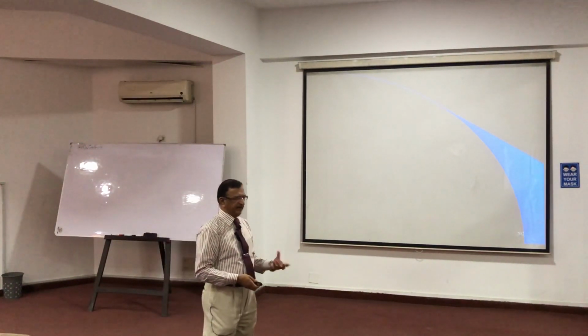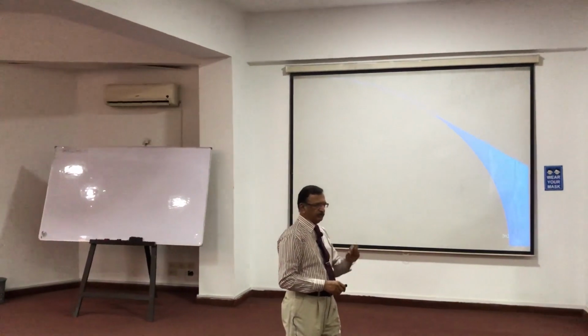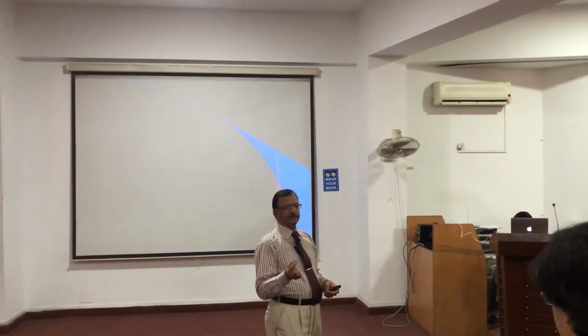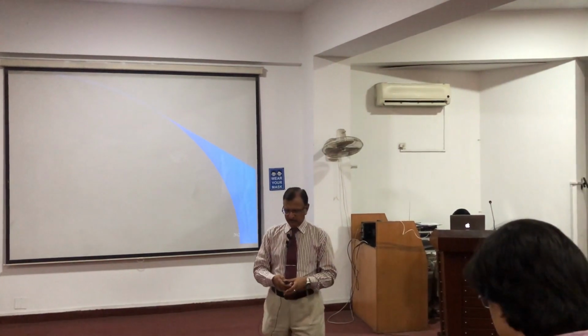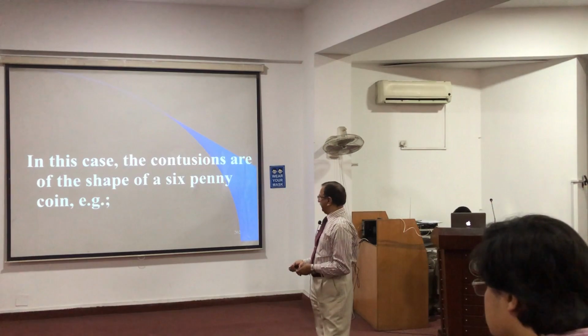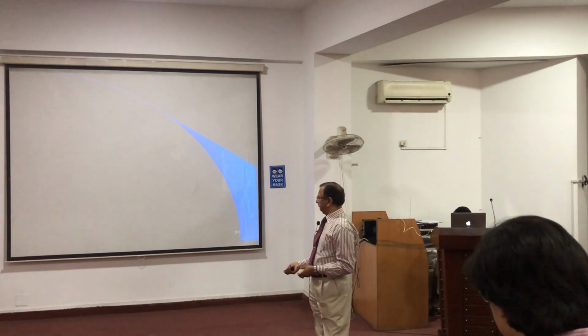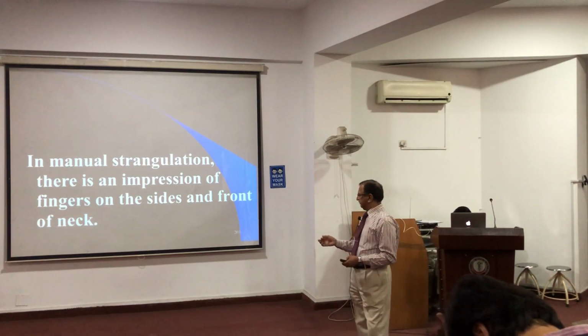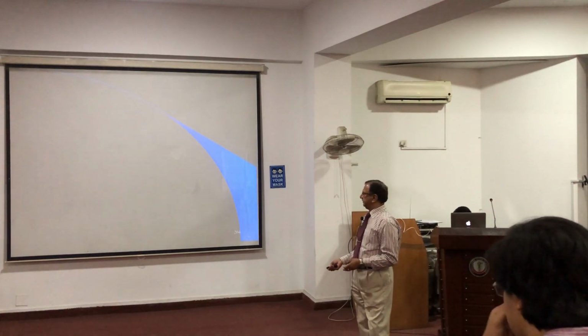These are called penny bruises or six penny bruises because the shape of the coin was about the size of the finger pad. So they are basically throttling with hand impressions of the pads of the fingers on the front and side of the neck.